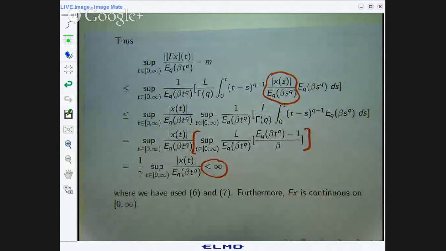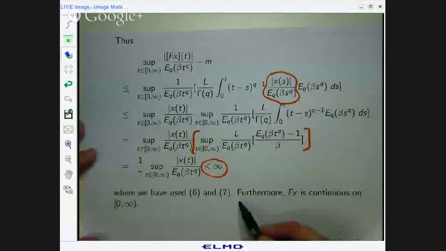So what we've done now is we've shown that for every function x in C sub beta, big F of x is also in C sub beta. Well, not quite. I haven't shown the continuity, but those inequalities guarantee that the finiteness is maintained.